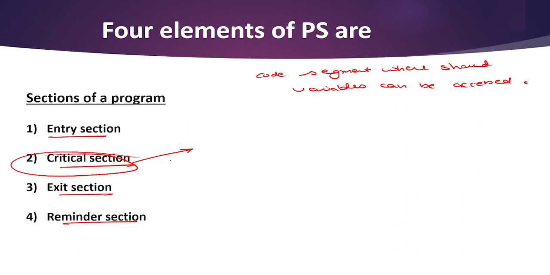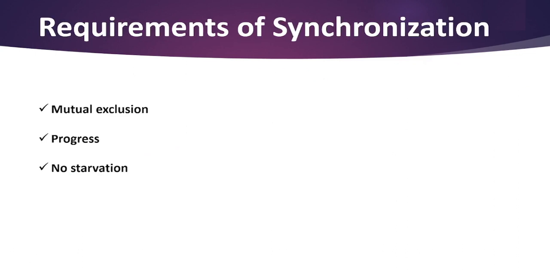That means only one process can execute in its critical section at a particular point of time. So I hope critical section is clear to you, and the critical section problem needs a solution to synchronize the different processes, and its solution includes mutual exclusion, progress, no starvation or bounded waiting.